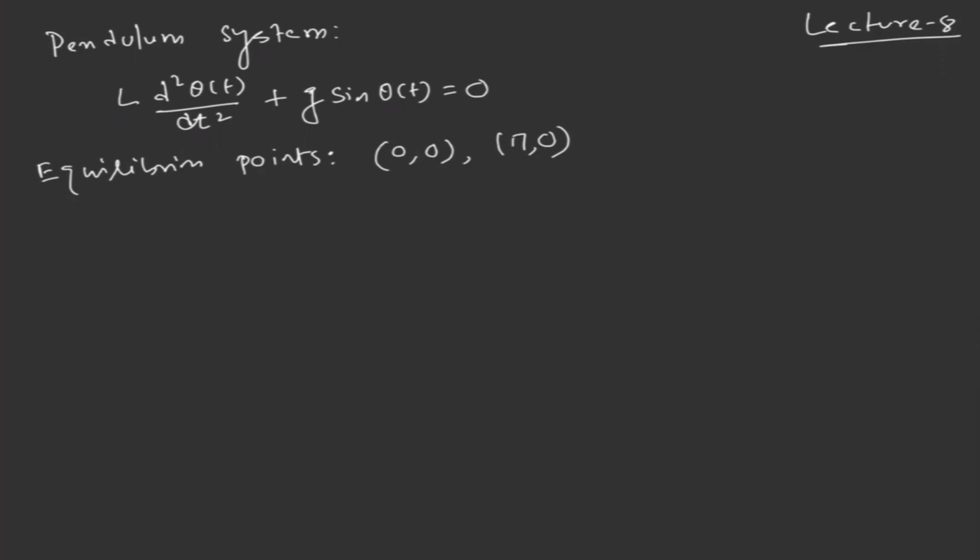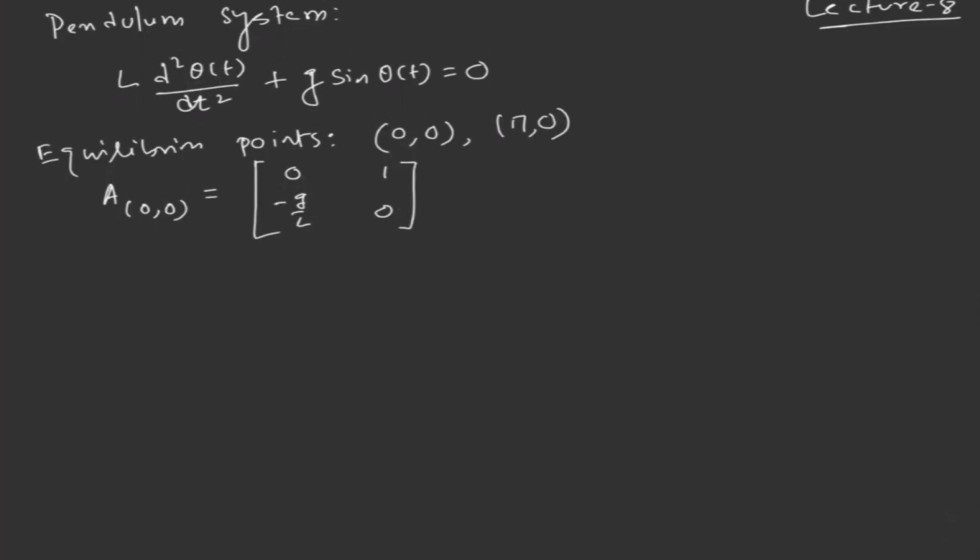About these equilibrium points, we had two Jacobian matrices. At the equilibrium point (0, 0), we had the matrix [0, 1; minus g by L, 0]. This is basically the Jacobian matrix at equilibrium point (0, 0).